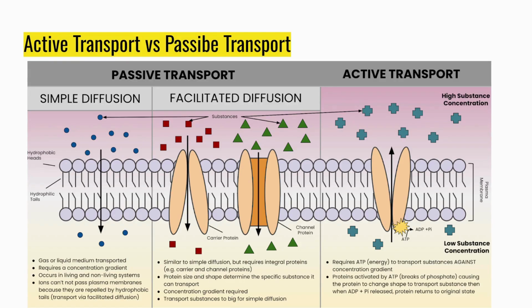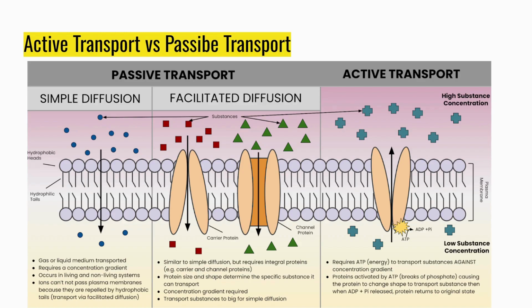So essentially, they're kind of like guard dogs that allow some things through, but not others. Again, it needs a concentration gradient, or else there simply will not be movement. And they transport bigger substances and ions, so ones with charge.